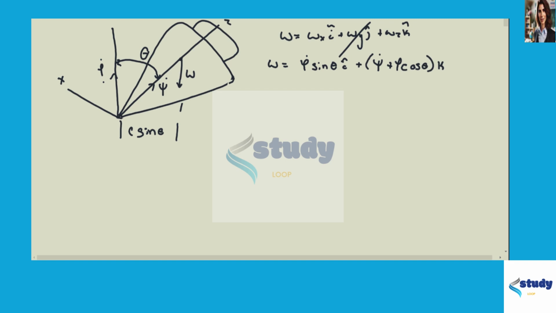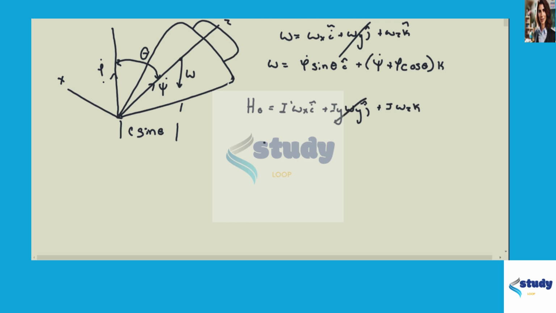Okay. And now we got to express the momentum about O, which is H_O equals I_x x i plus I_y y j plus I_z z k. Again, we don't need the middle component.